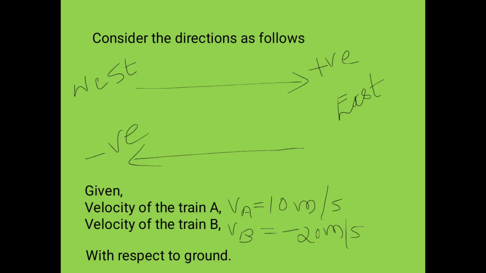Given: velocity of the train A, that is VA, is 10 meter per second. And velocity of the train B, that is VB, is minus 20 meter per second, because we have considered the directions as positive and negative as we have seen here. Both the velocities VA and VB are with respect to ground.